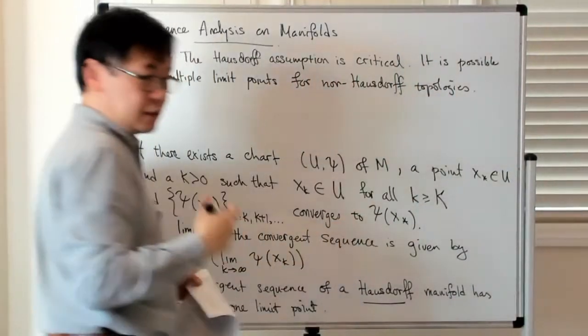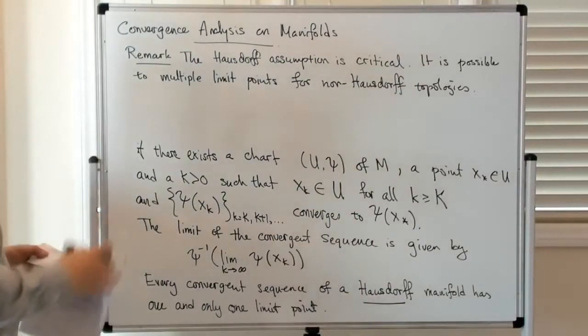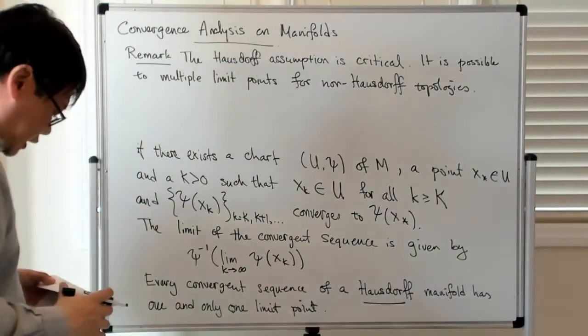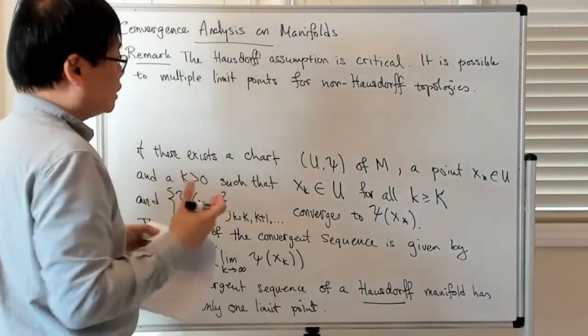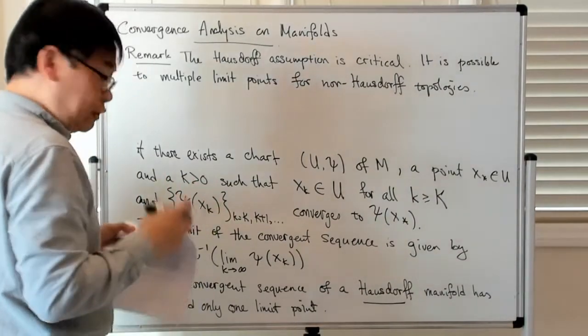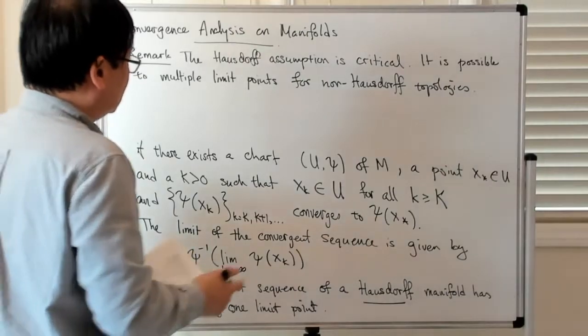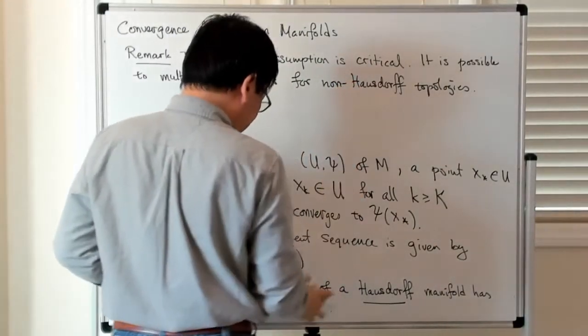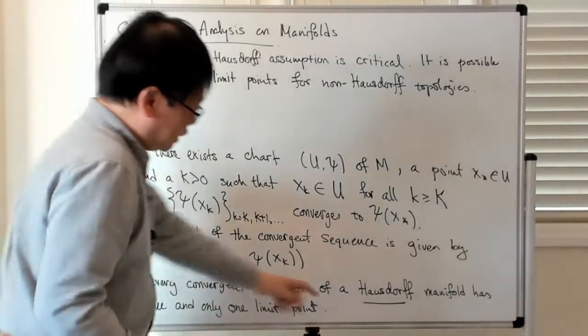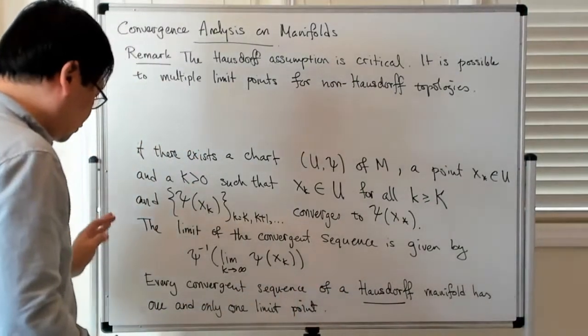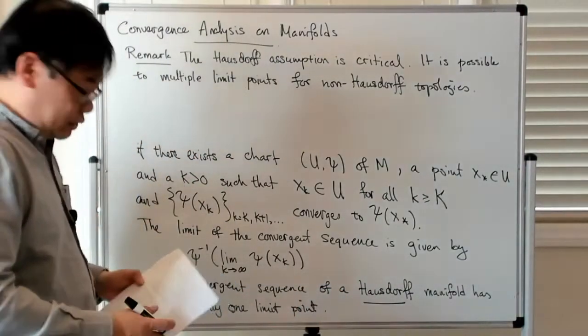In particular, the book goes on to present an example of a non-Hausdorff quotient manifold with a convergent sequence which has more than one limit. I'm not going to discuss that here, but again, it's important to realize that this assumption that you're on a Hausdorff manifold is critical for there to be a limit and for there to be a unique limit.